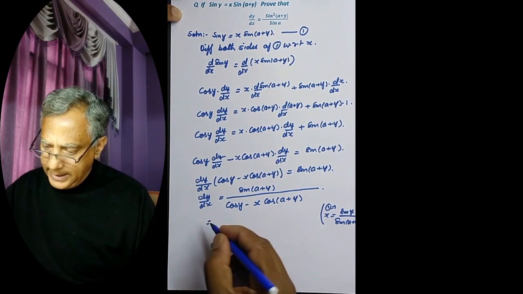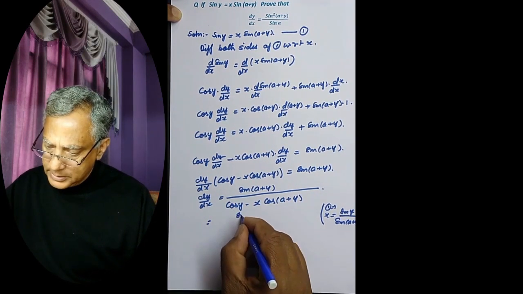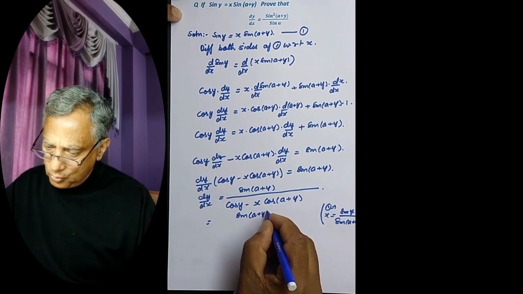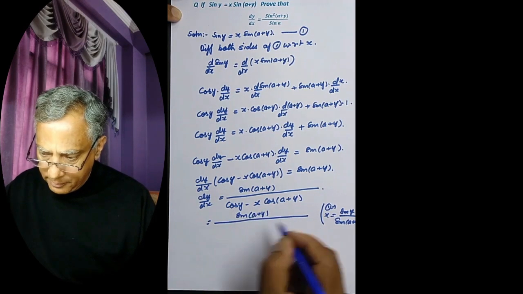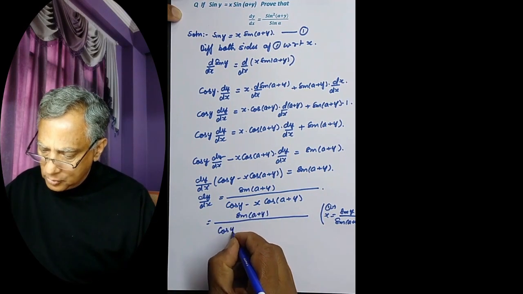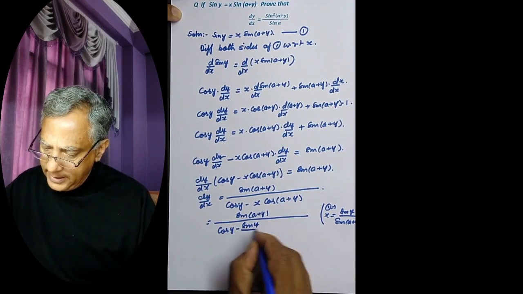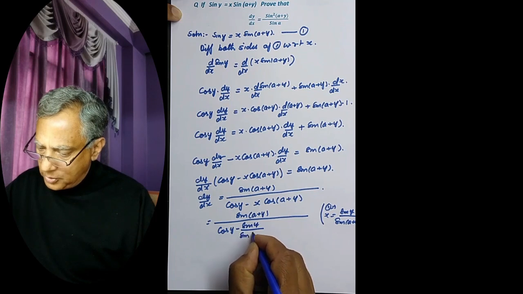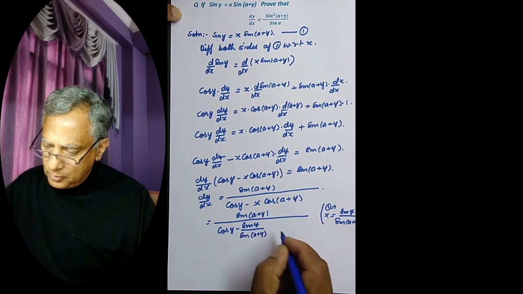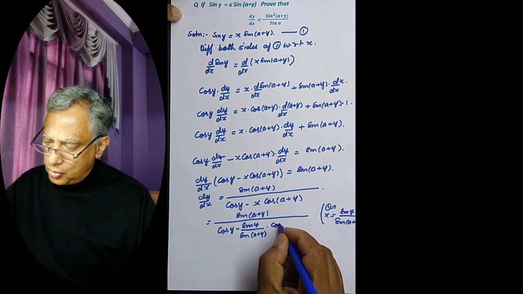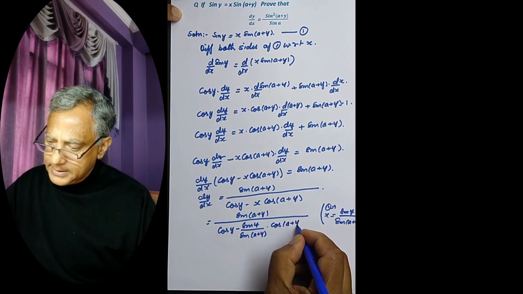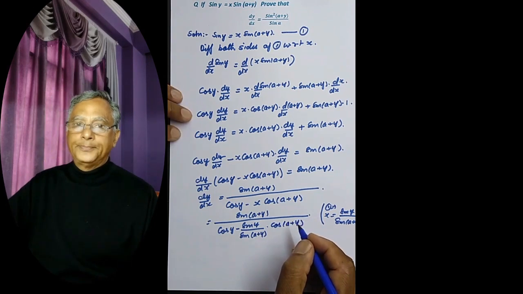So what we get is sin(a + y) divided by cos y minus sin y over sin(a + y) into cos(a + y).